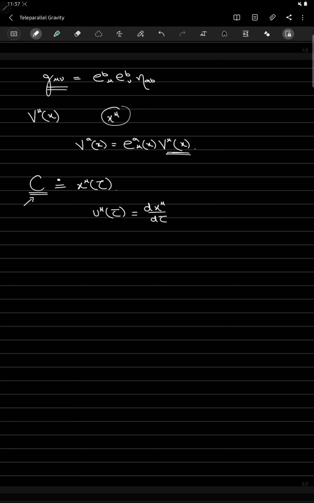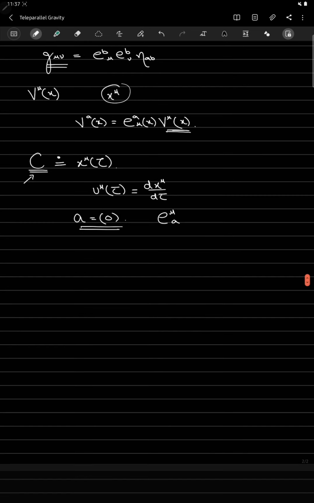Now the observer's velocity is identified with a equals 0. So the zeroth component of this e mu a is the observer's velocity, and if that is the case, then you can write e mu 0 equals u mu of tau over c, where c is the speed of light.